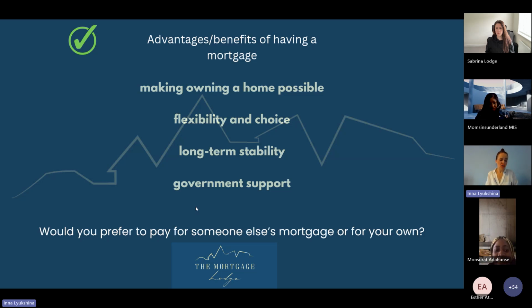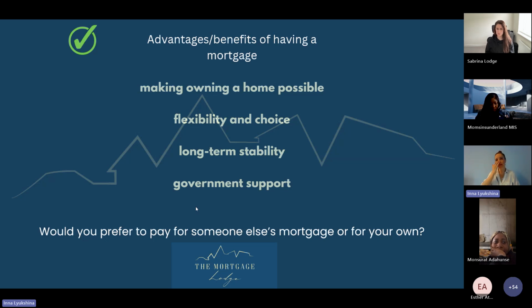Now, talking about the age, really, you could be any age and still be able to borrow money. For example, at this moment of time, I've got a client, he's 55 and he's buying his first home. It's never too late, I would say. People buy at the age of 60 and 65 and even 70.